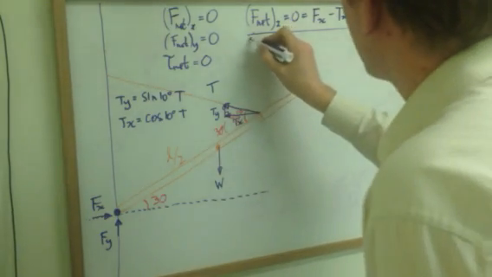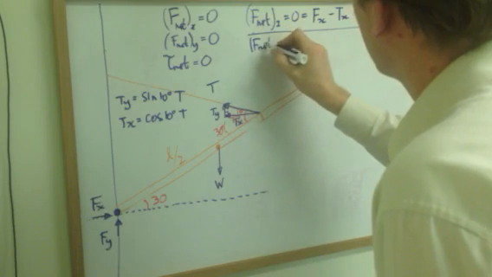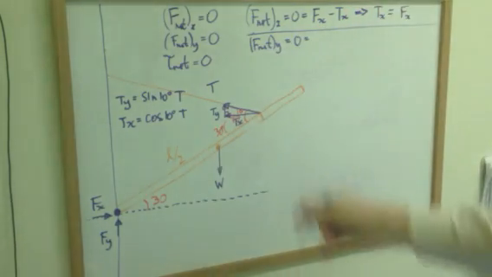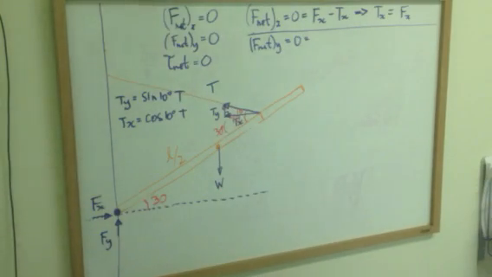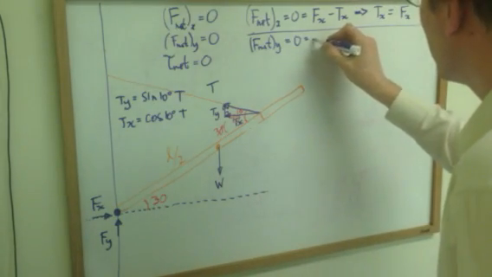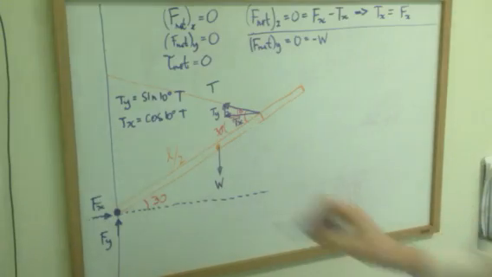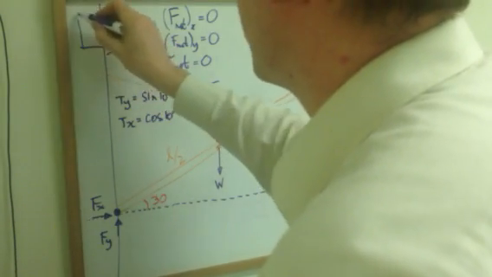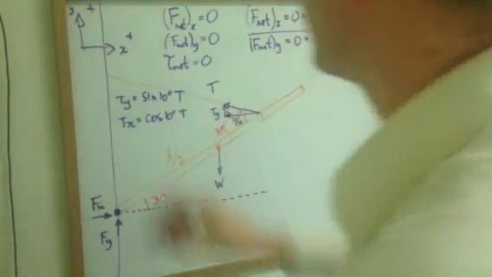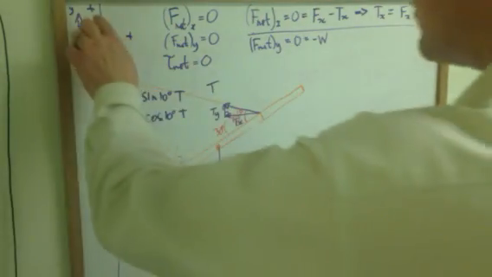How about the y direction? What are the forces in the y direction? They're going to add up to 0 because it's not accelerating up or down, so there's no net force. There's a force in the y direction. That's the weight. It's downwards too. So if I remind myself of my coordinate system, there's y, there's x. That's positive to the right, positive upwards.